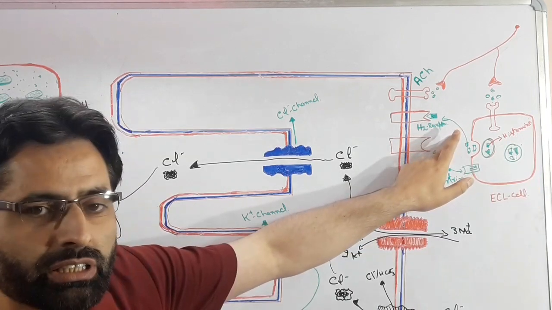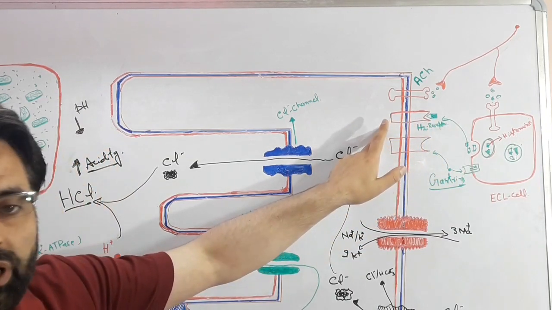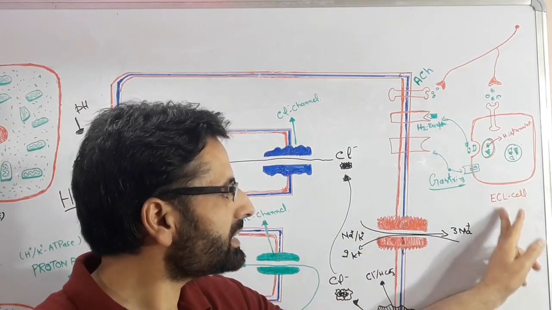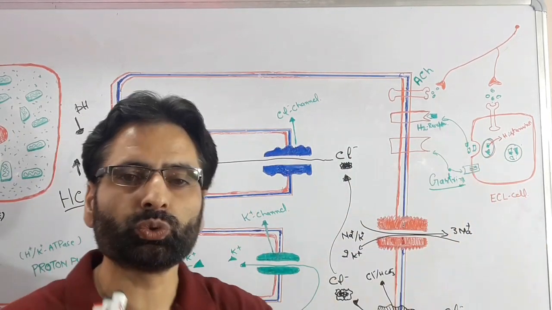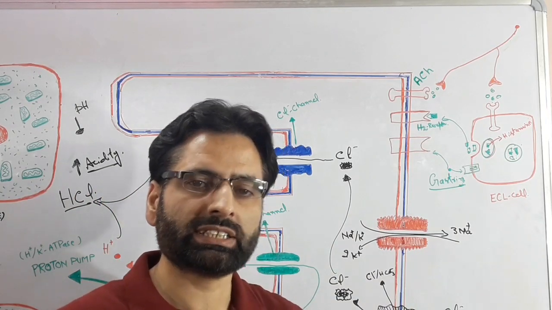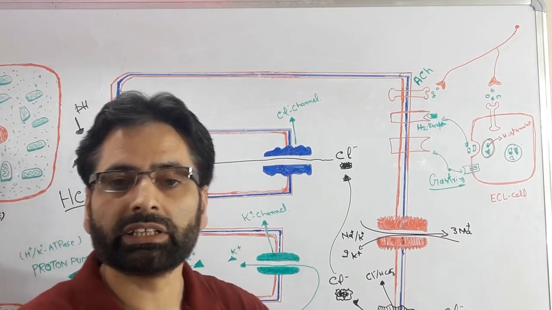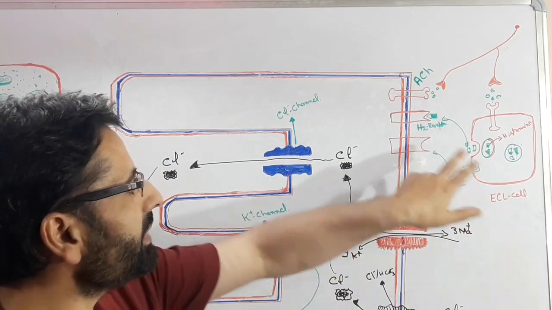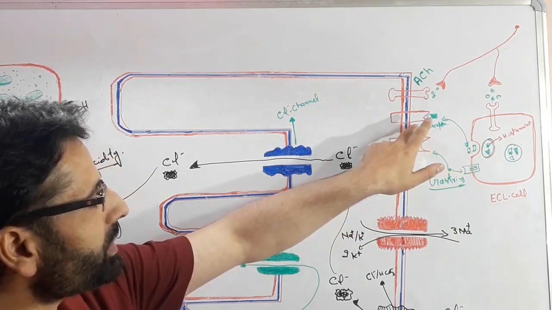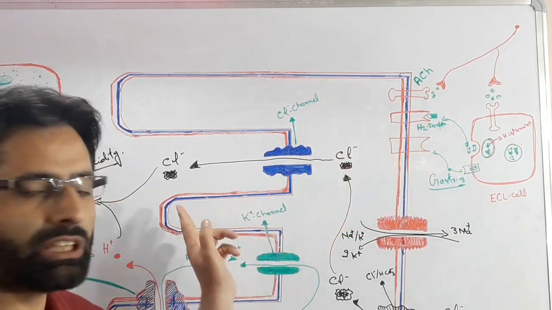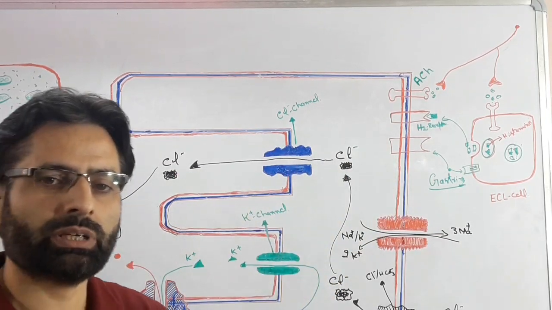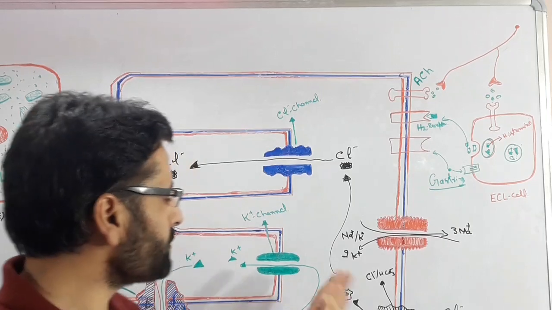This histamine has receptors on the parietal cell. The histamine released by the ECL cells acts on H2 receptors, which are different from the receptors for the histamine involved in allergic reactions. Through this receptor binding, the parietal cell is activated, leading to increased activity and secretion.